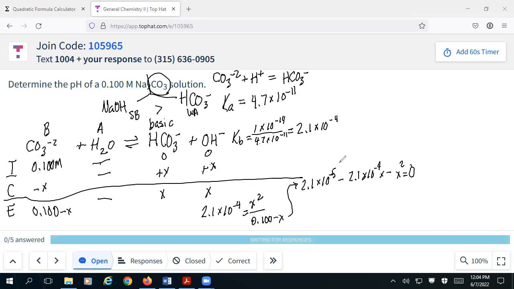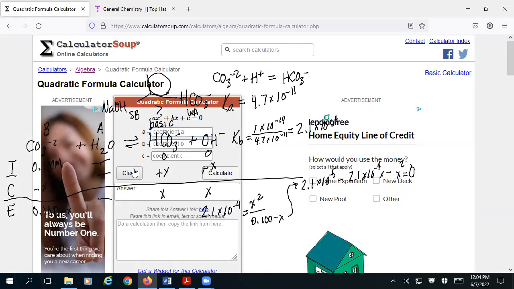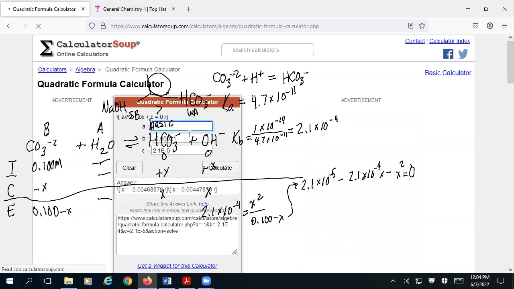we're going to need some kind of equation solver for this. Our values are -1 for the x squared component, -2.1 times 10 to the negative fourth for the x component, and 2.1 times 10 to the negative fifth for the last component.